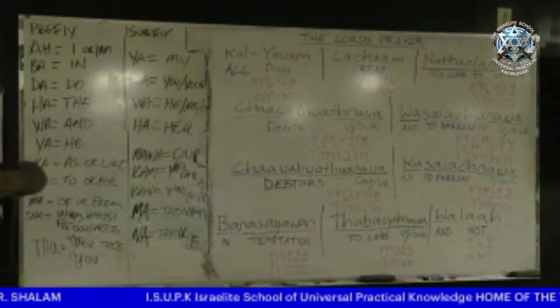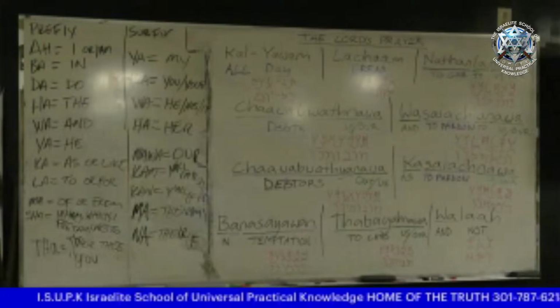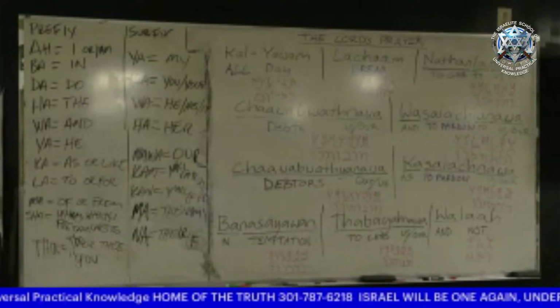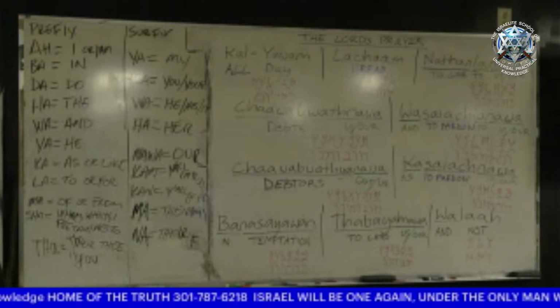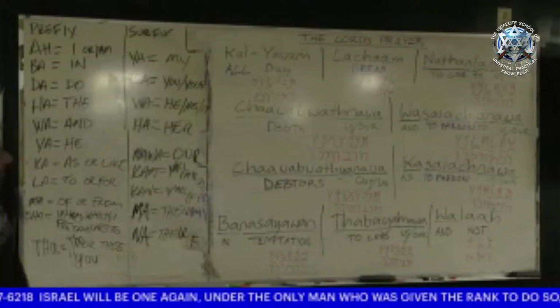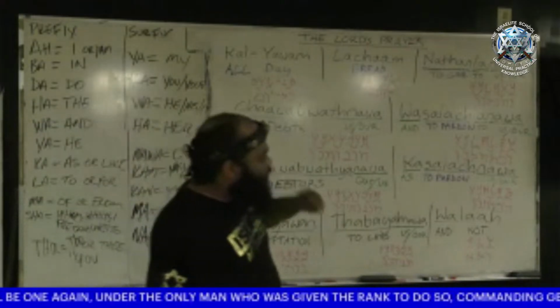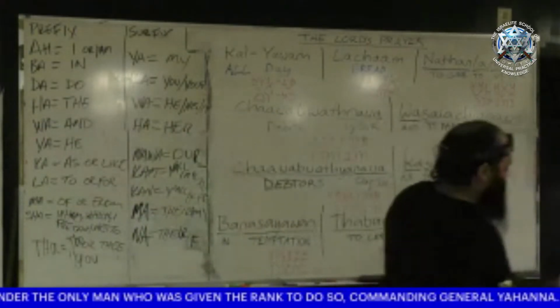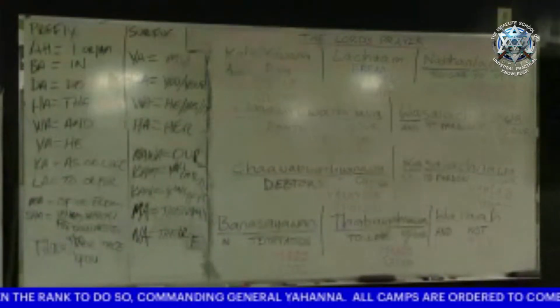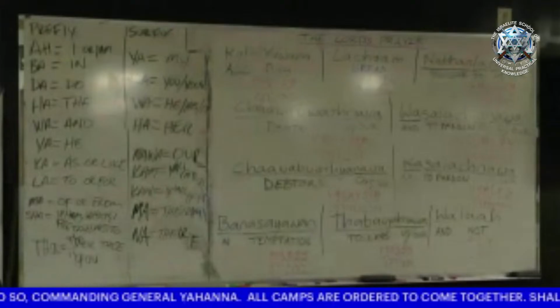So now you can have this second part of the Lord's Prayer for your notes. Always be kind and rewind, and then pause and get it all down. We got the first part: Our Father which art in heaven, hallowed be thy name. Thy kingdom come, thy will be done on earth as it is in heaven.